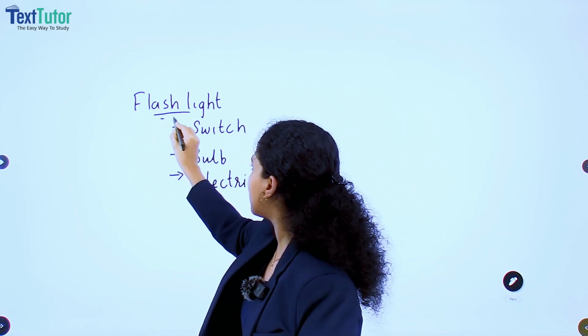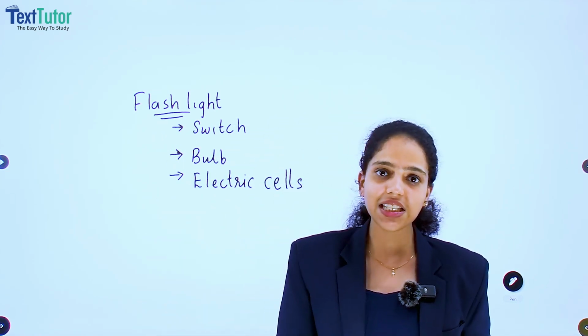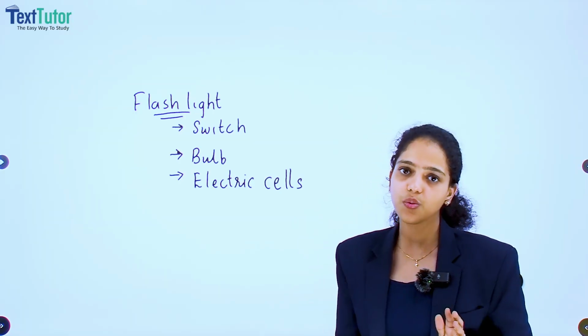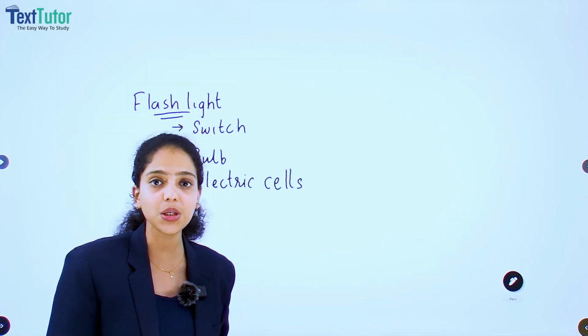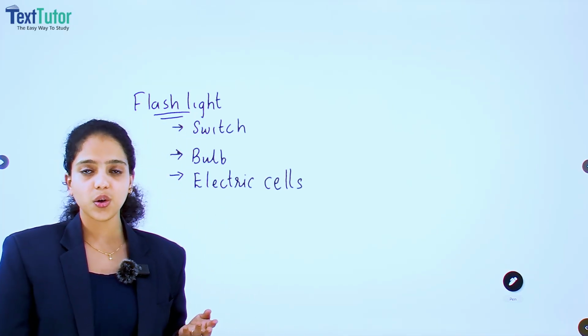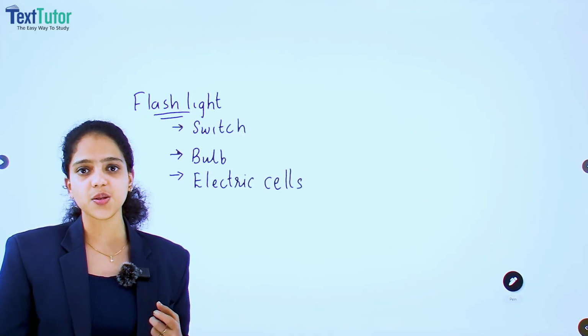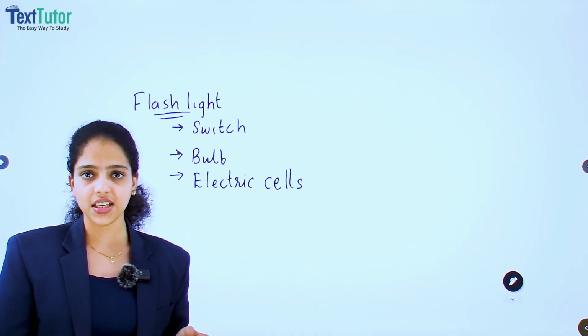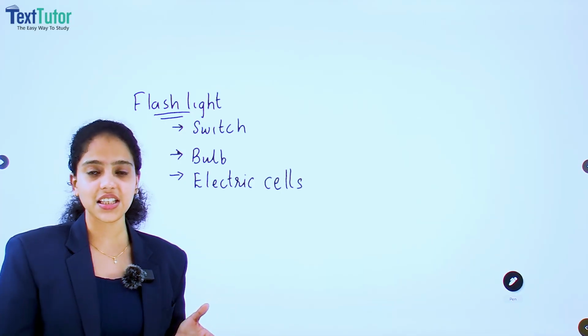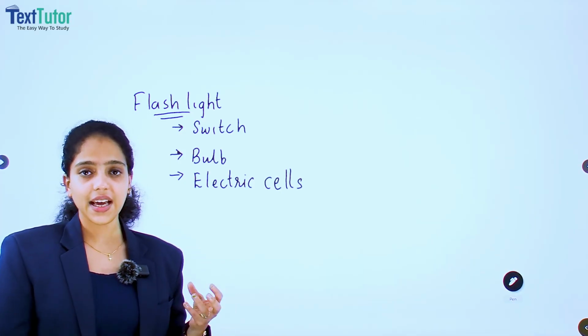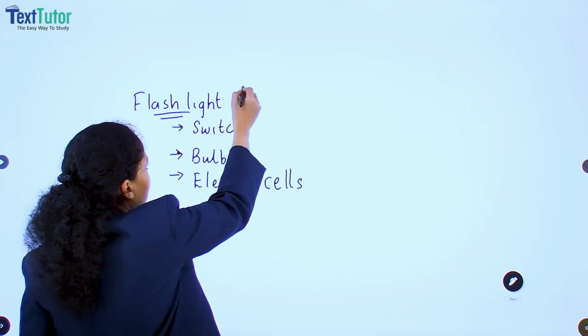A flashlight is a simple device which uses electrical energy. The electrical energy is used up and it produces light energy.